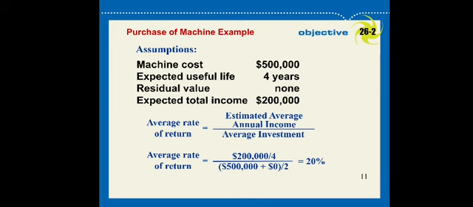So always remember, for the average investment, you always have to divide the number by 2. So $500,000 in this sample situation, the residual value is 0, so plus 0, divided by 2. For this example, the average rate of return is 20%.